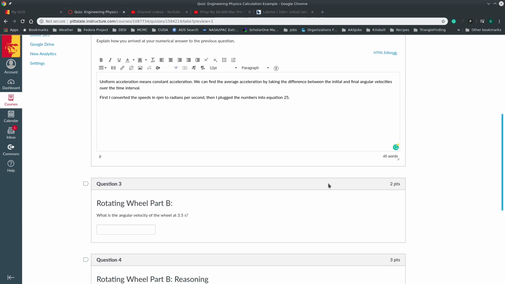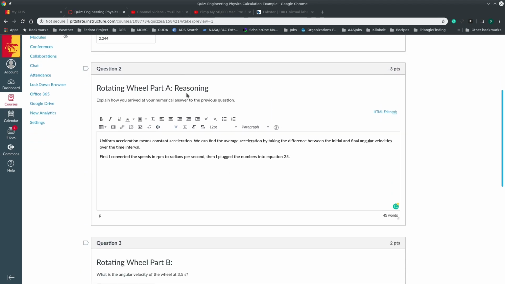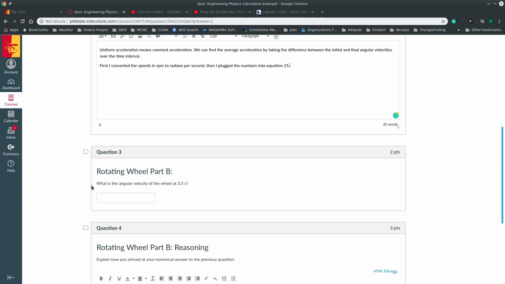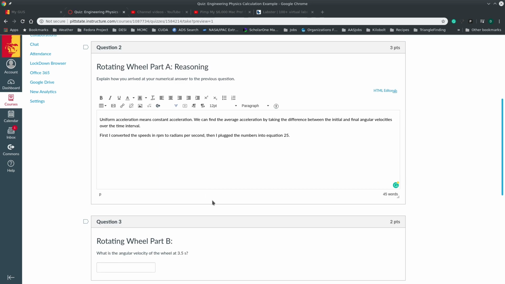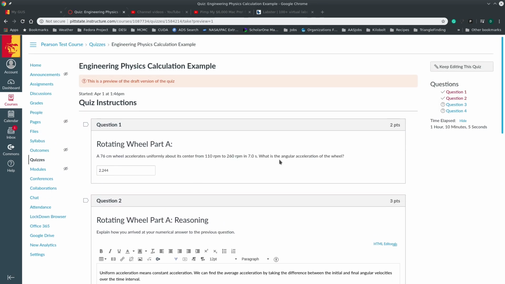Okay, so when we go to the next part of this, this is all still part of the same problem. Here it's just asking what is the angular velocity of the wheel at 3.5 seconds. You can see I've labeled this rotating wheel part B. What that tells you is you can go back to part A, and we can make use of all of the information that's given in part A of this question, things like the size of the wheel and the initial and the final velocities and the time interval.